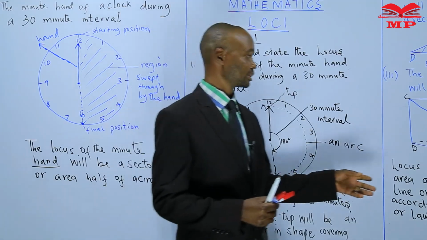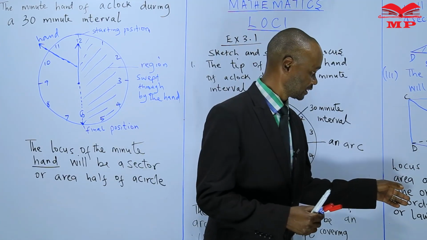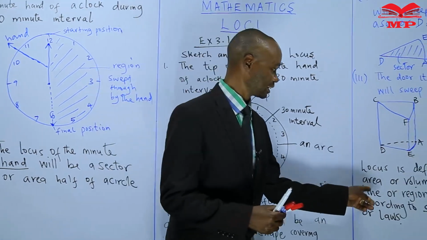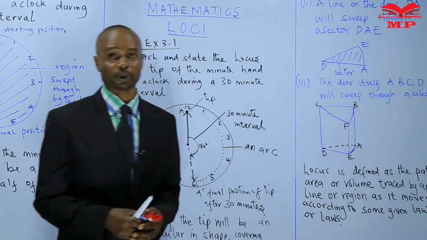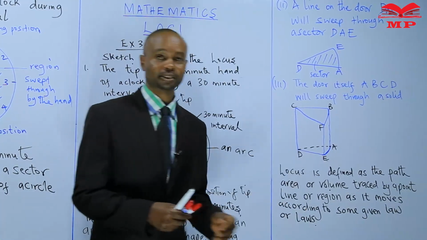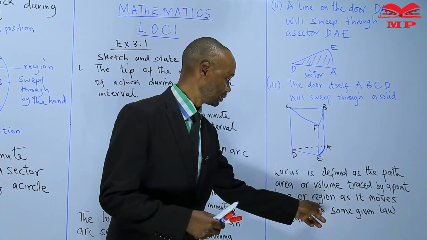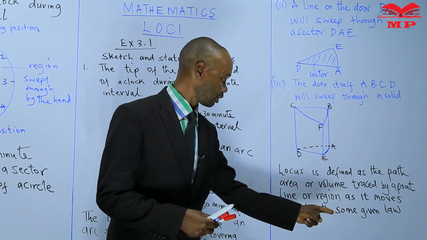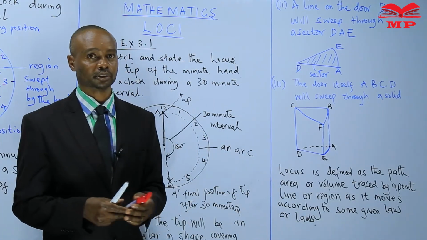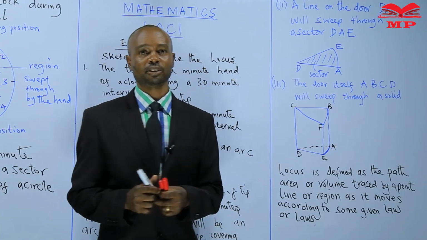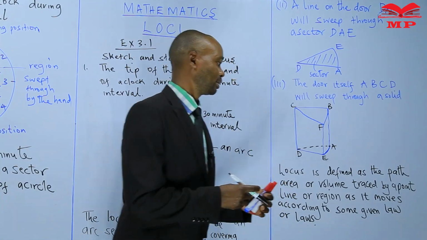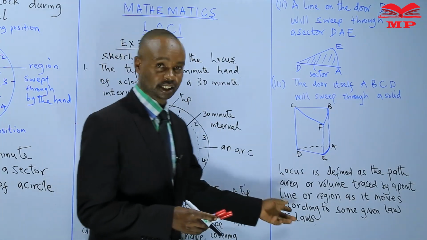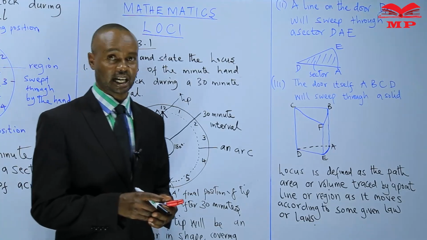And we said a locus is defined as a path, area, or volume traced by a point, a line, a region, as it moves according to some given law or laws. So if you look at our example, we mainly tackled two of them, where we had a tip, and a line which was associated to the minute hand.